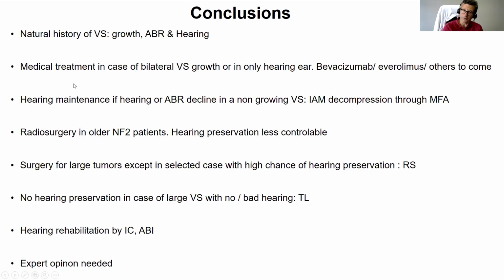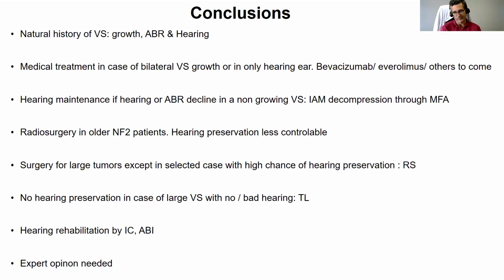For us, medical treatment is indicated in case of bilateral vestibular schwannoma growth. There is no need for a focal treatment when you have the two tumors that are growing. And frequently, there are patients with multiple opinions. I see patients who had the first opinion, surgery on the right. The other opinion was surgery on the left because the two tumors are growing.